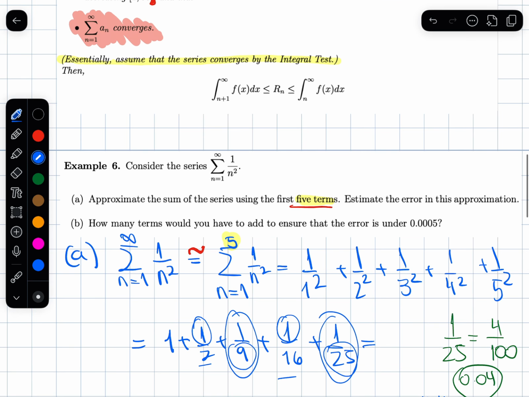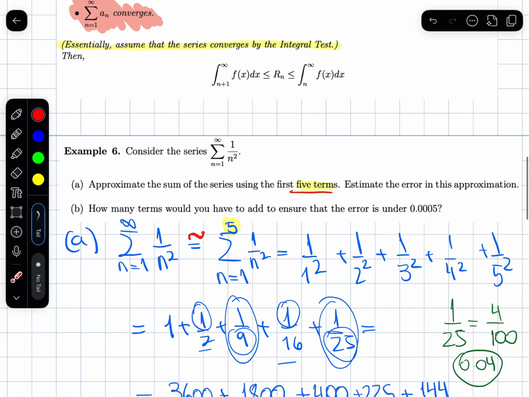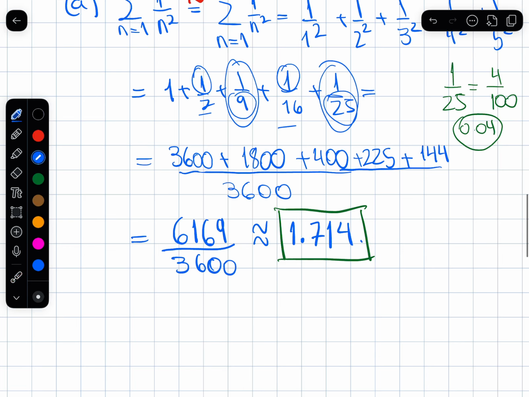I use the error estimation here. I use this. So we're going to solve an integral, and my Rn, which is the remainder, is going to be between these two integrals. So I do the integral from n to infinity, n here being 5. So I'm going to integrate the function 1 over x squared from 5 to infinity.